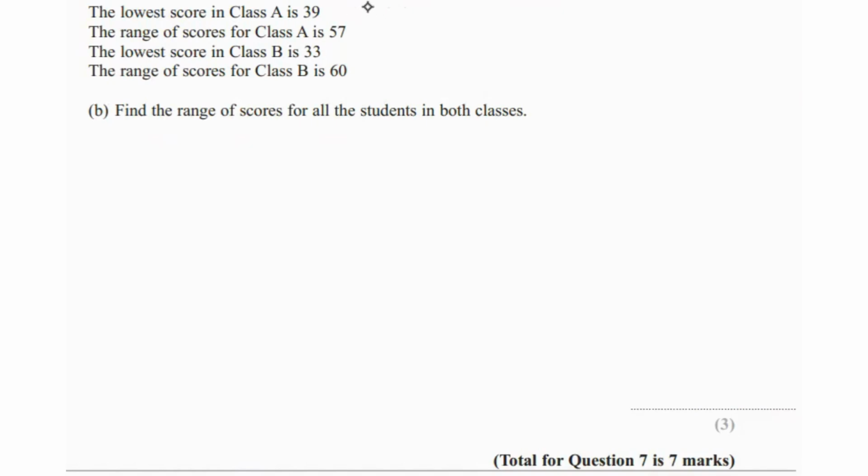For A, the number of students was 28 and for B, the number of students was 32. Now they're saying that the lowest score in A is 39 and the range is 57.